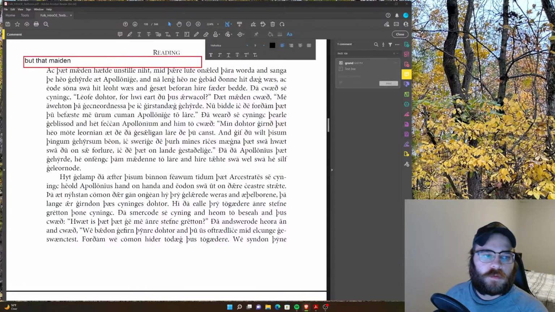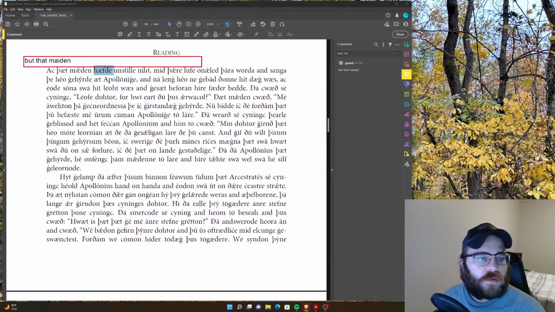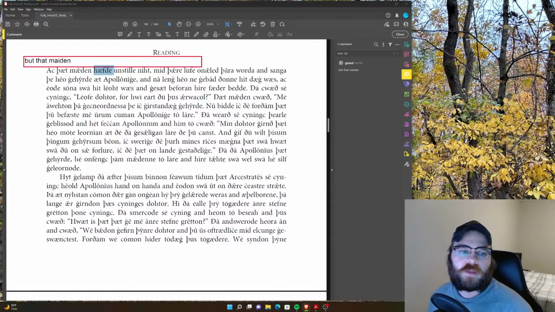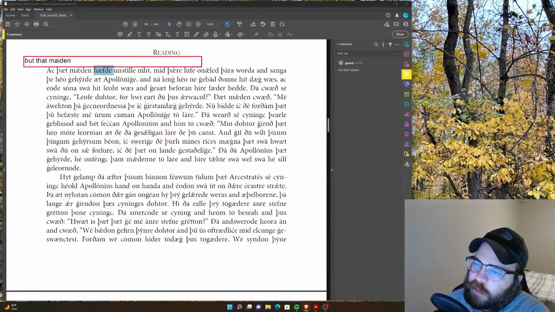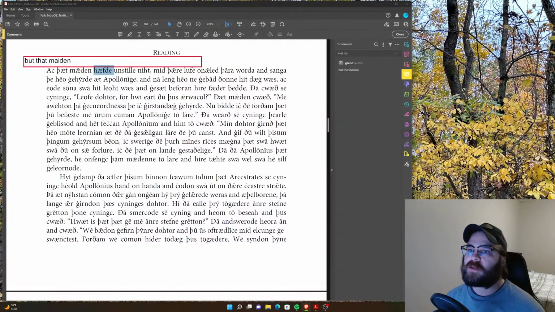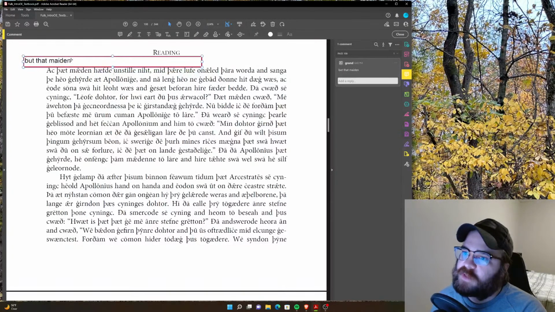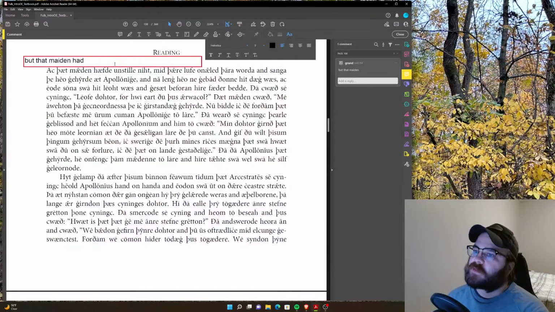Alright, and yes, this is the third and first person preterite form of the verb habban. So, this maiden had, pretty easy, had unstillness. I assume this means a restless night.